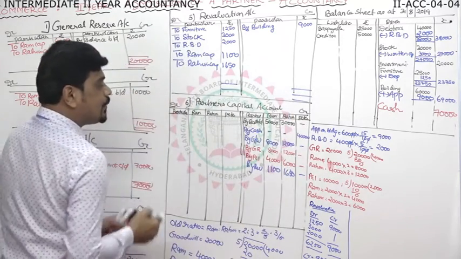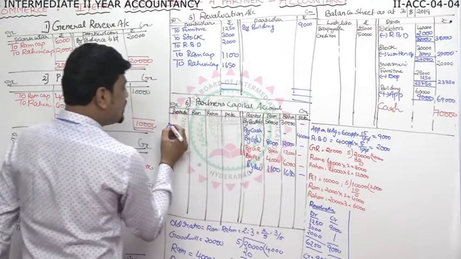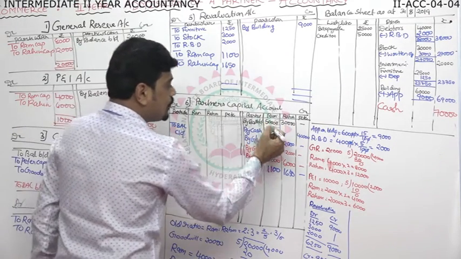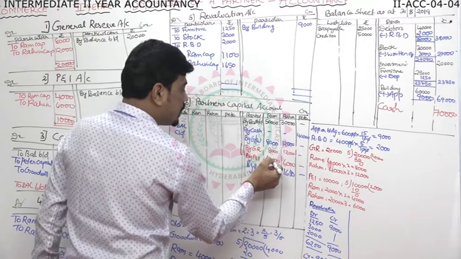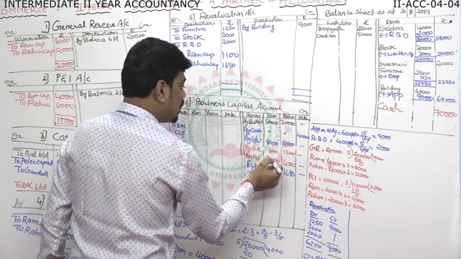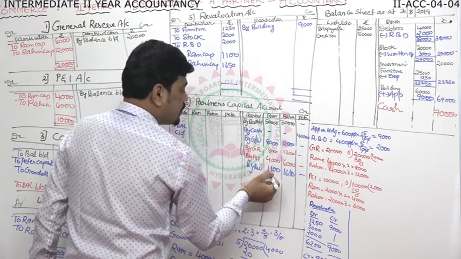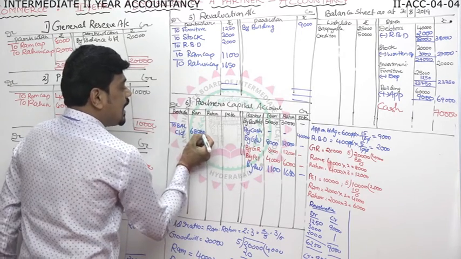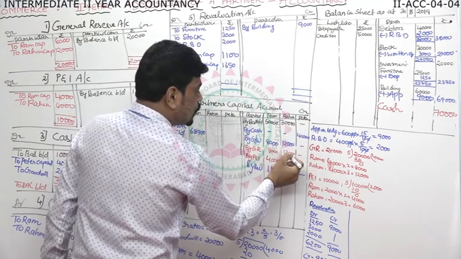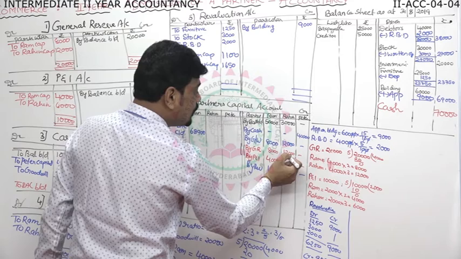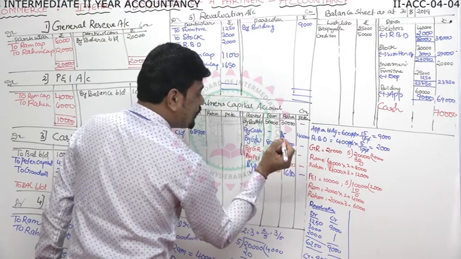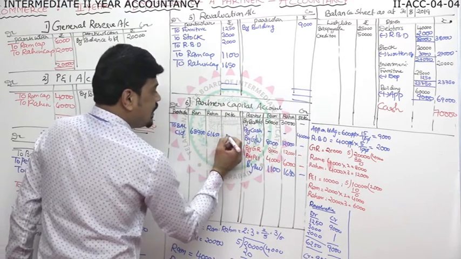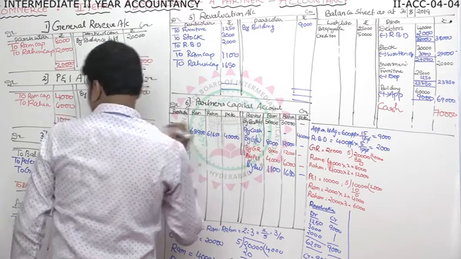Now we'll balance the partners' capital. If you balance the capital, you will get the balance carried down. So 50, 58, 64, 68, 68 plus 1,100, 69,900 gives 71,100. Then 30, 42, 54, 60, 61,650 gives 61,100, and here we get 40,000.